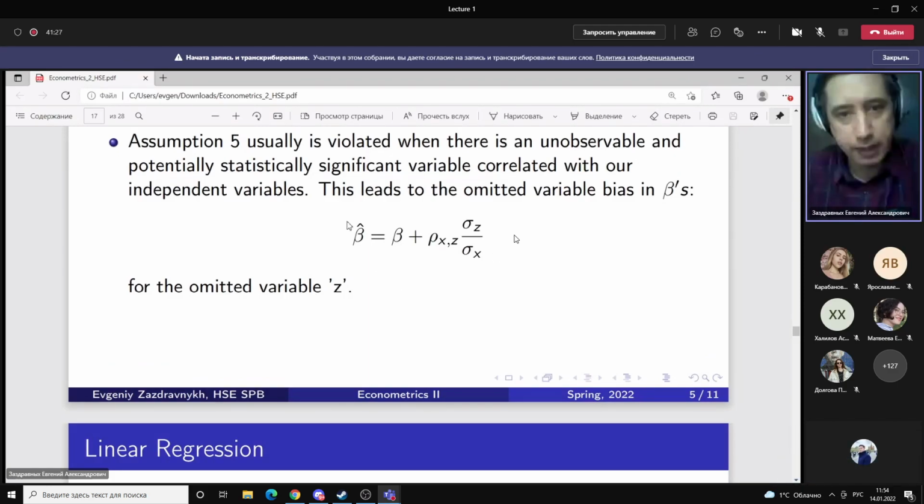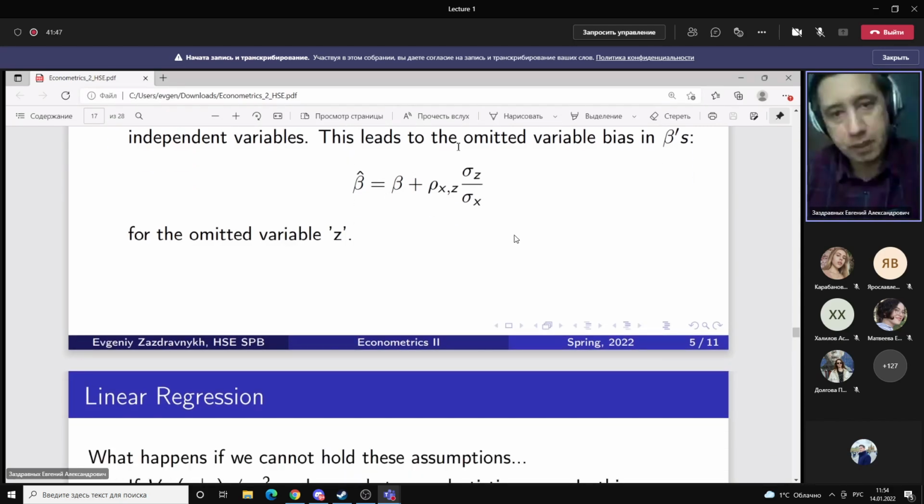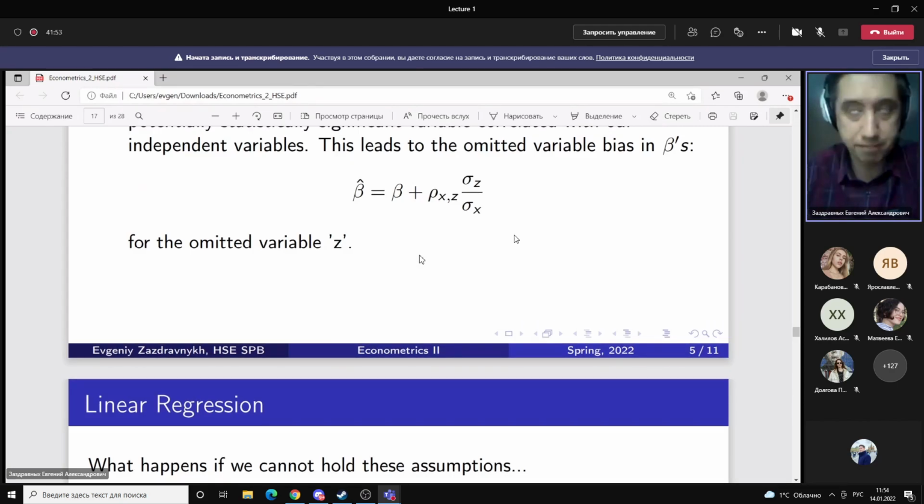This is especially a problem if the omitted variable is statistically significant and correlated with the observed variable X. If there is no correlation, it's not a problem. It is a pretty common problem in econometrics, because when we work especially with cross-sectional data, there is always something unobserved. We cannot observe management quality, we cannot observe the psychological atmosphere in a company, we cannot observe conflicts in companies.